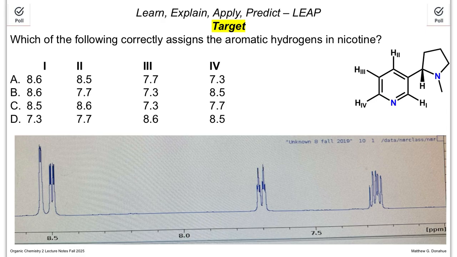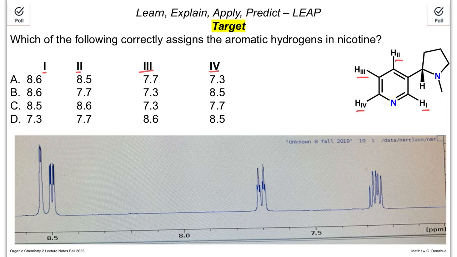So here's something to think about for a minute or two. So we have hydrogen 1, 2, 3, and 4.